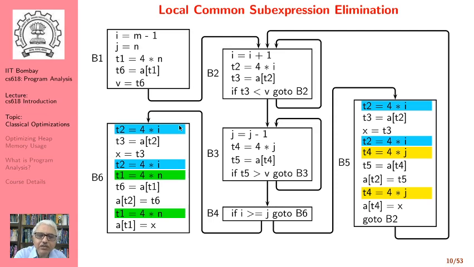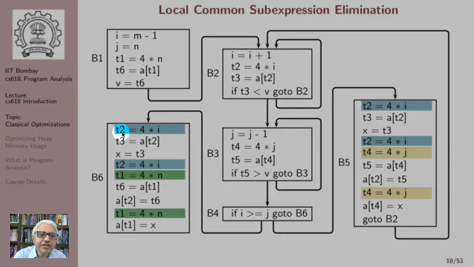For example, here we have t2 equal to 4 star i, and then we have another instance of t2 is equal to 4 star i, and we know that between these two instances the value of i is not changing. Similarly, we have an instance of 4 star n and another instance of 4 star n, and we know the value of n is not changing.